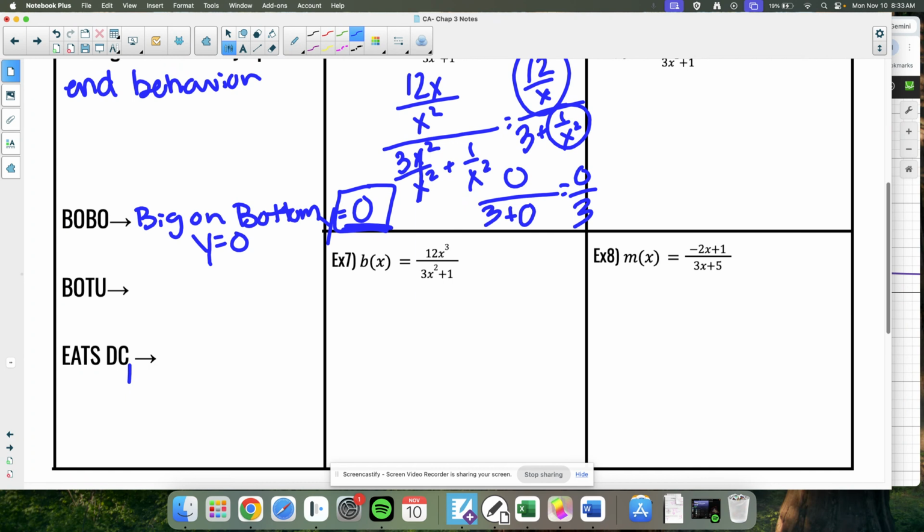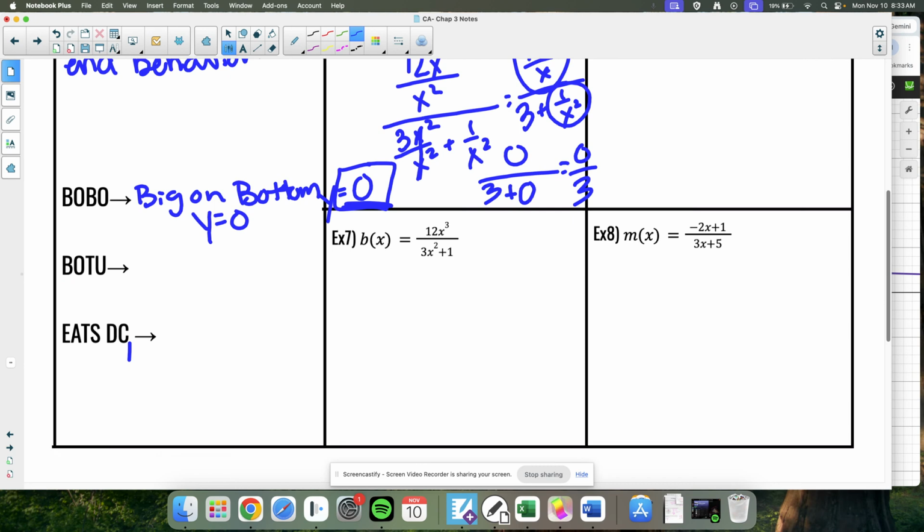Because if your denominator is getting bigger than your numerator because you have a higher exponent on the bottom, that just means it's going to equal 0. Because if you take anything divided by something huge, which is infinity, it'll just end up being 0. But if you're big on top, then you have no horizontal asymptote.